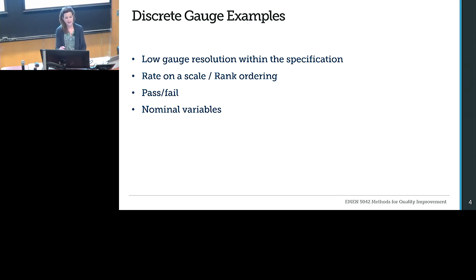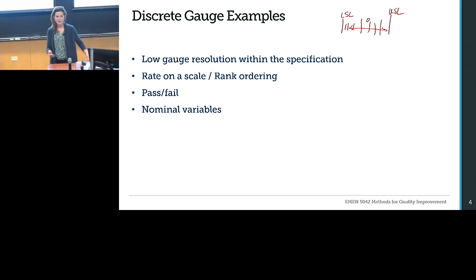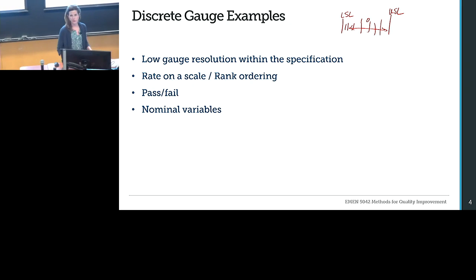Sometimes you'll have a gauge that has low resolution in it. And if you remember, you want to be able to split up the range between the lower spec limit and the upper spec limit into 10 parts. If you can only split it up into 5 groups or less, you just go ahead and consider that to be ordinal.